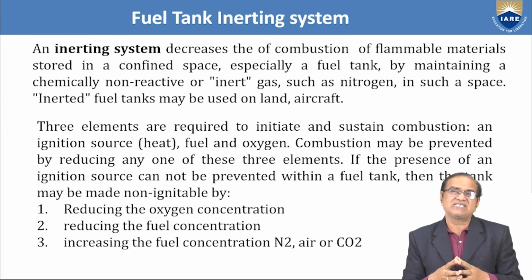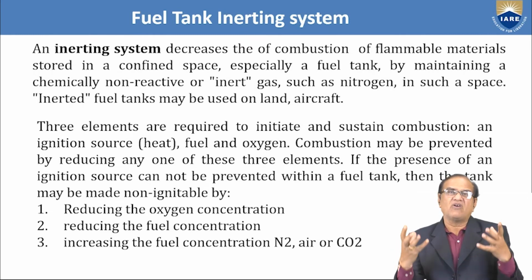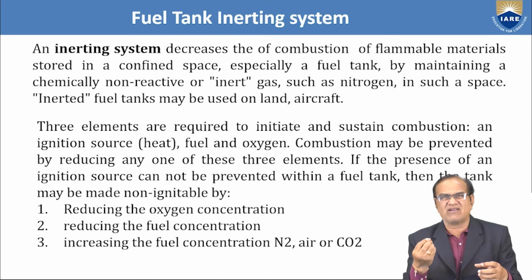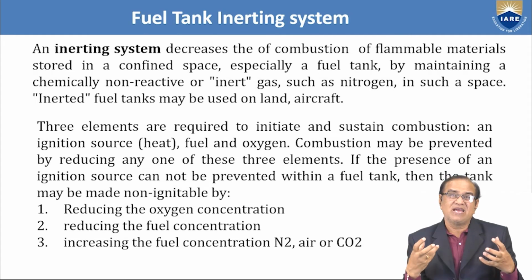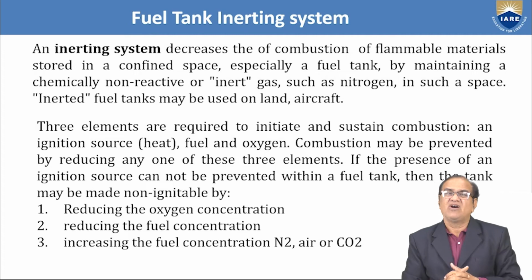This inert gas is used so that fire should not take place, because if the fuel is there, there are a lot of vapors, and if a little mistake or a small fire or small spark is there, it may catch fire. So to prevent that, we have to make an inerting system so that it is safe from fire.